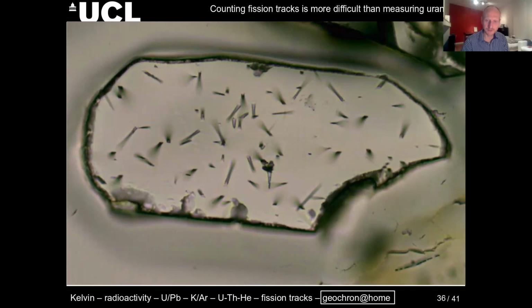So as I explained, fission track dating is based on manual counts of fission tracks in etched grains, the number of tracks per unit area. Now, it's not always easy to tell which features on this grain are fission tracks and which are not. There are specks of dust, there may be crystal defects, scratches that may not so unequivocally be identified as fission tracks.